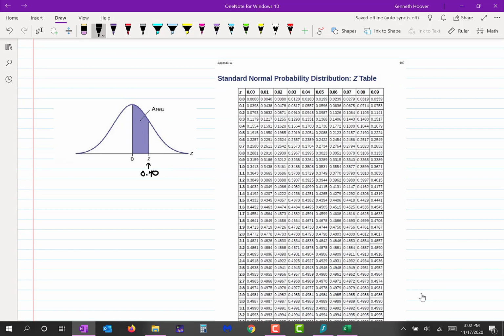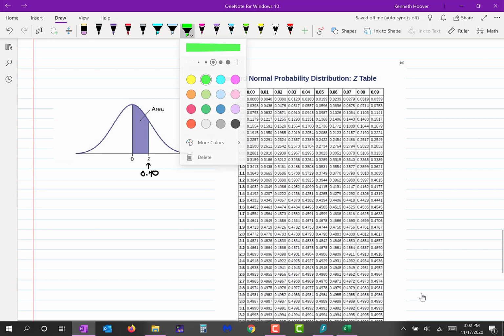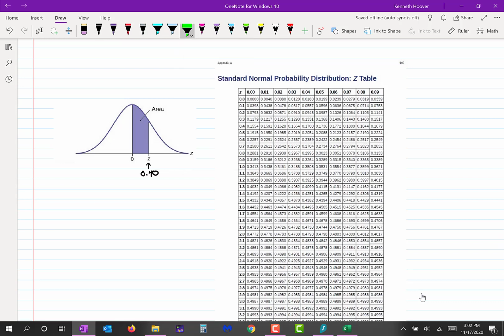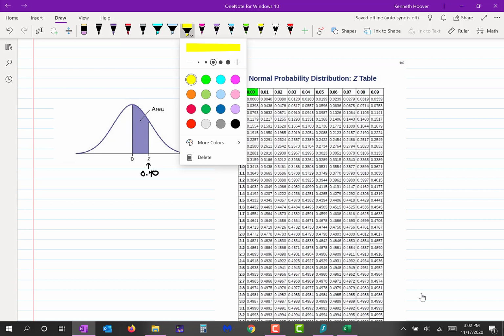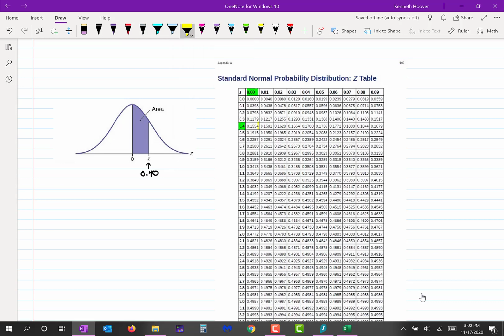So our z value is 0.40. So let's find that in the table. What do we find in the cell where that row and column intersect? We find 0.1554.